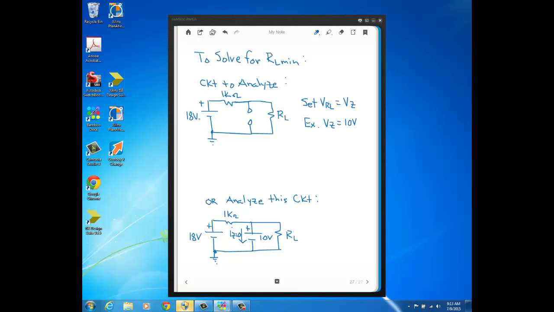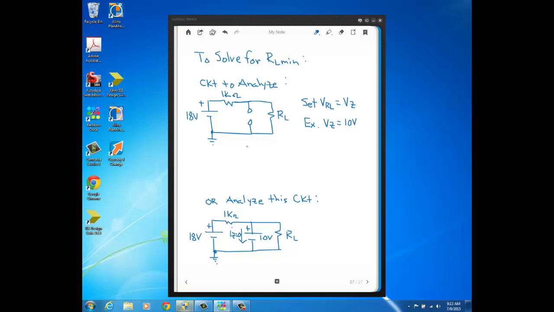We have an 18 volt source, a 1 k ohm resistor, and our VZ in this example is 10 volts, so now we have a 10 volt Zener. One way to find RL minimum is to treat the Zener diode as an open, not conducting, and then set VRL equal to VZ, and then just solve for RL using voltage divider.